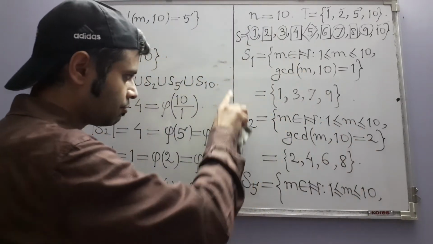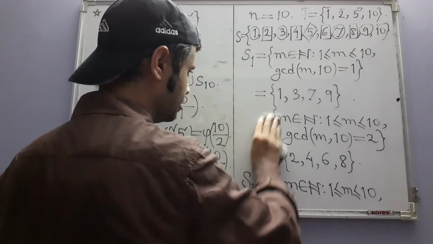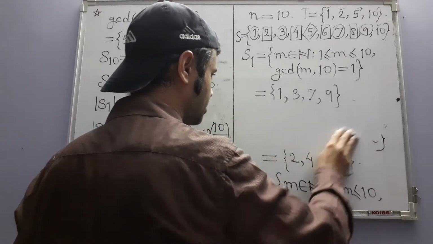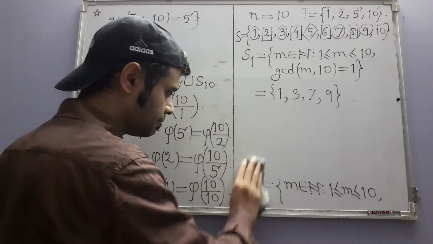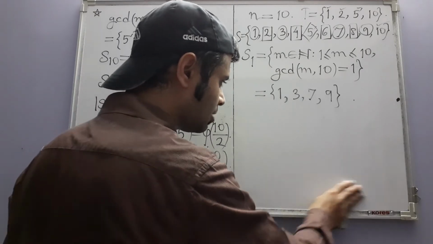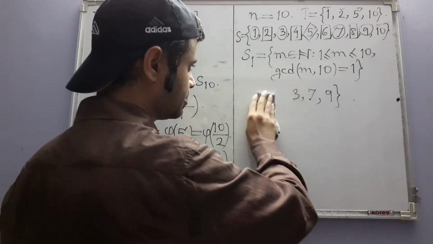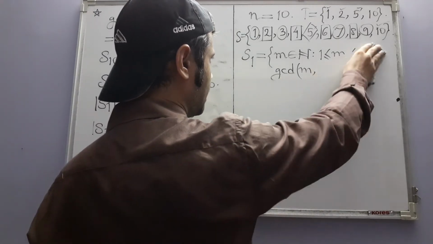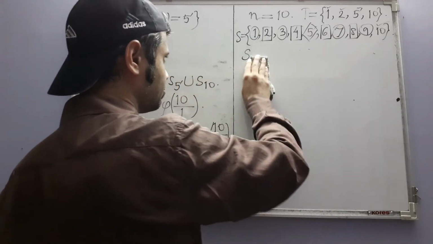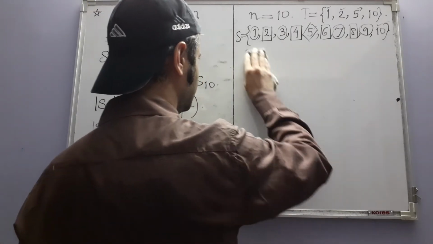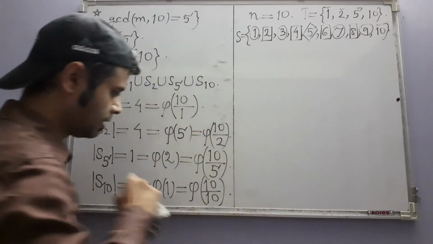Now that we have seen what these sets are and what they did, we can wrap this part off, and we actually do not need the exact elements that these sets have, but rather how many elements each one of them has. That's what we need, and we have that now with us here.